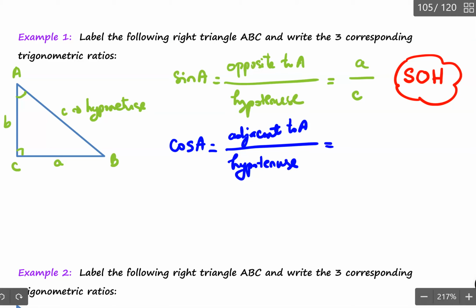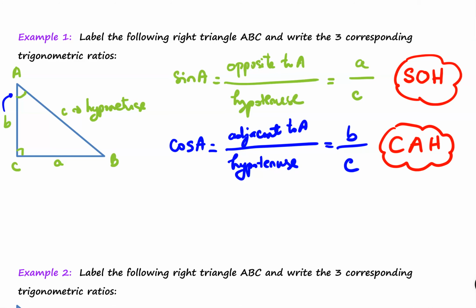In this case, adjacent to A would be b. So b over c. The abbreviation for that is CAH. So this represents cosine is adjacent over the hypotenuse.